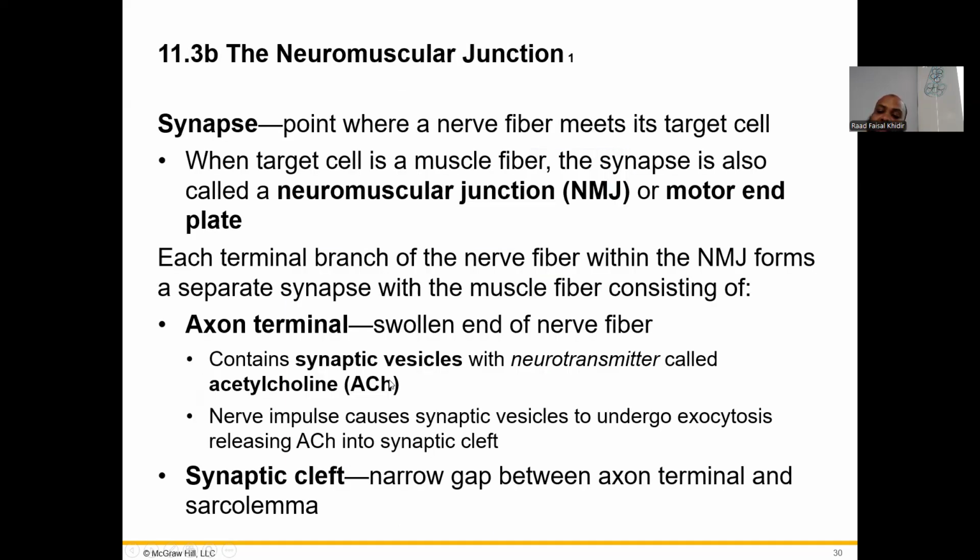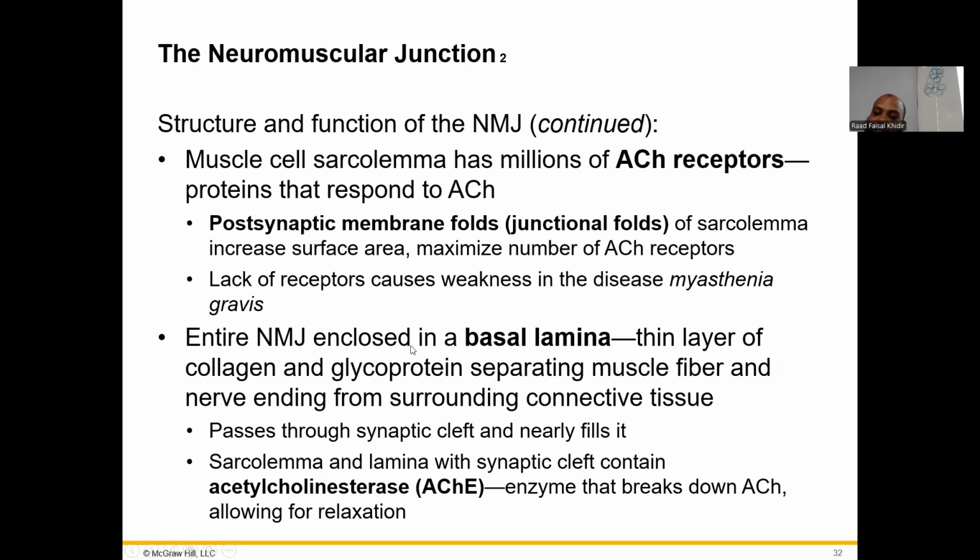So we have invaginations to increase the, there you go, that junctional fold. There are postsynaptic membrane folds of the sarcolemma that increase the surface area, that maximize the number of acetylcholine receptors. The lack of receptors causes weakness in the disease known as myasthenia gravis.